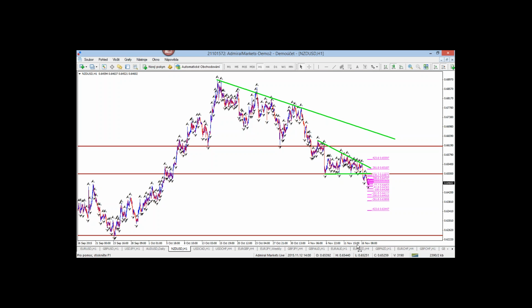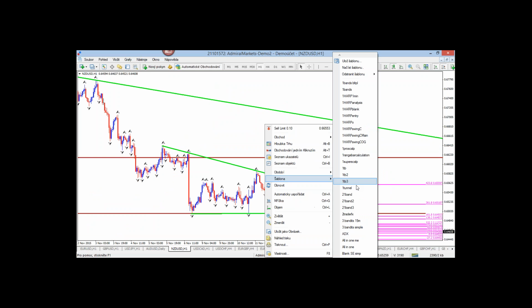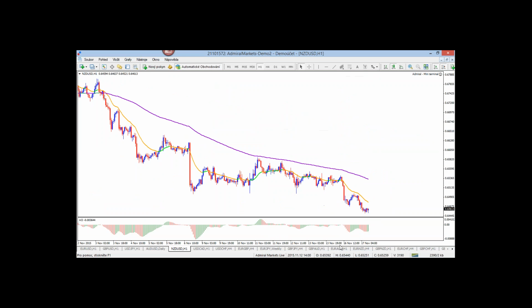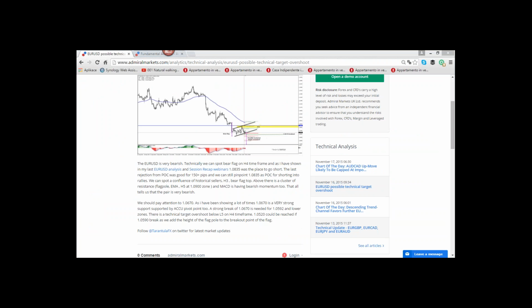Let's see. Let me put on the moving averages here. I want to see how many candles have moved away from the moving average. And I want to count how many have been in an impulse.